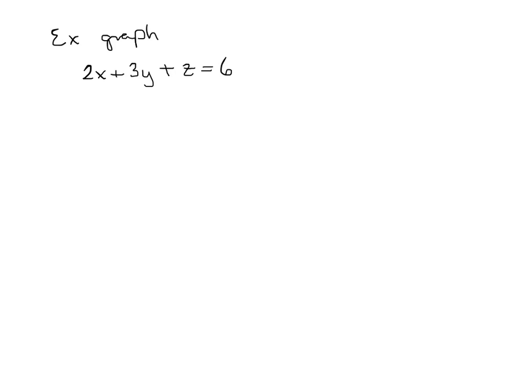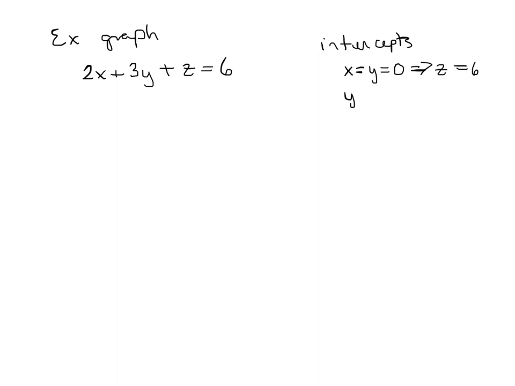All right, so now what I mean by those intercepts is where does this cross the x-axis, where does it cross the y, and where does it cross the z? So the way that we do this is we take two of the variables and set them equal to 0. Solve for the other one. So if I set x and y equal to 0, z would be 6.